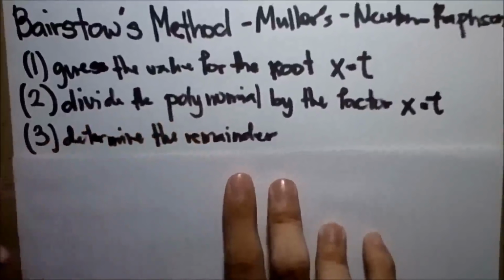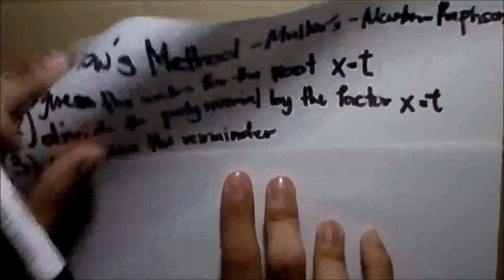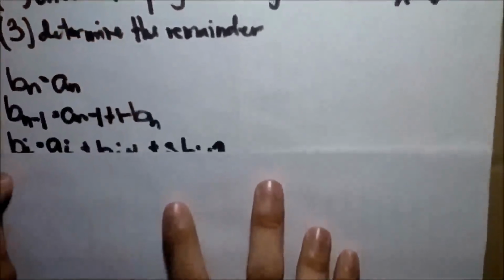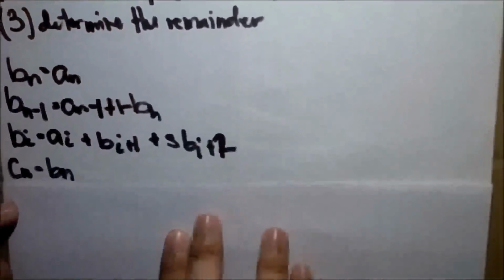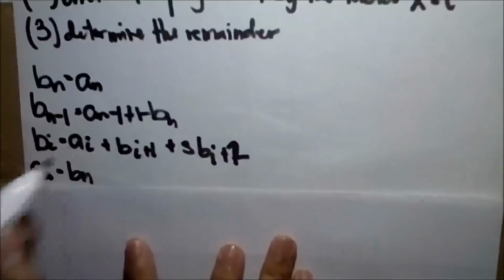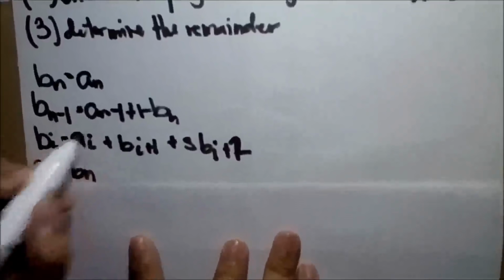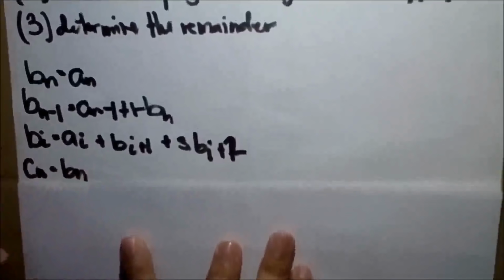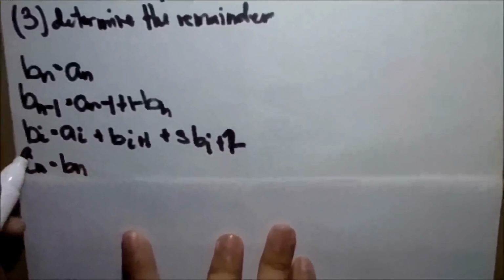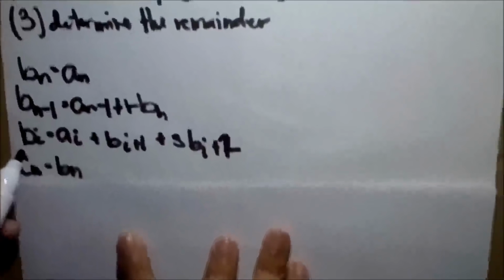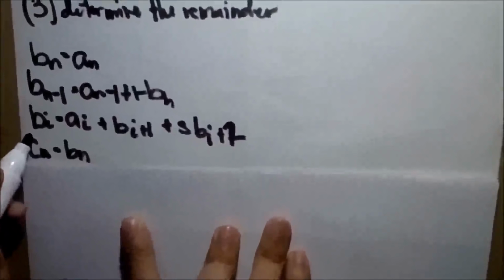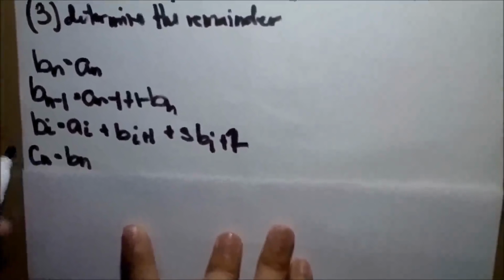The formulas in this method are the following. b sub n equals a sub n. b sub n minus 1 equals a sub n minus 1 plus r times b sub n. b sub i equals a sub i plus b sub i plus 1 times r plus s times b sub i plus 2.